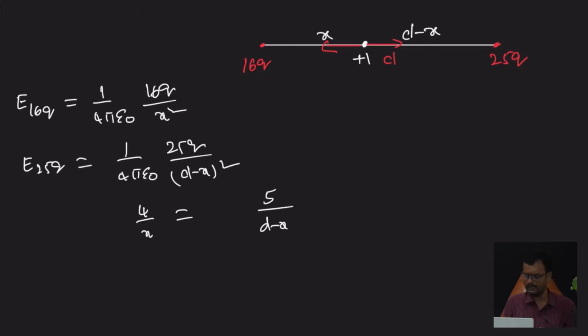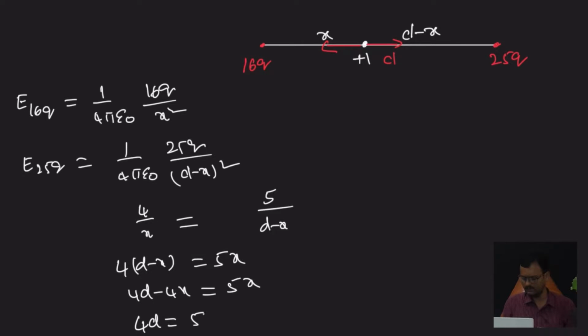Then we get 4 by x is equal to 5 by d minus x. Taking cross multiplication, we get 4 into d minus x equal to 5x. 4d minus 4x is equal to 5x. So 4d is equal to 5x plus 4x, that is 9x. So x is equal to 4d by 9.